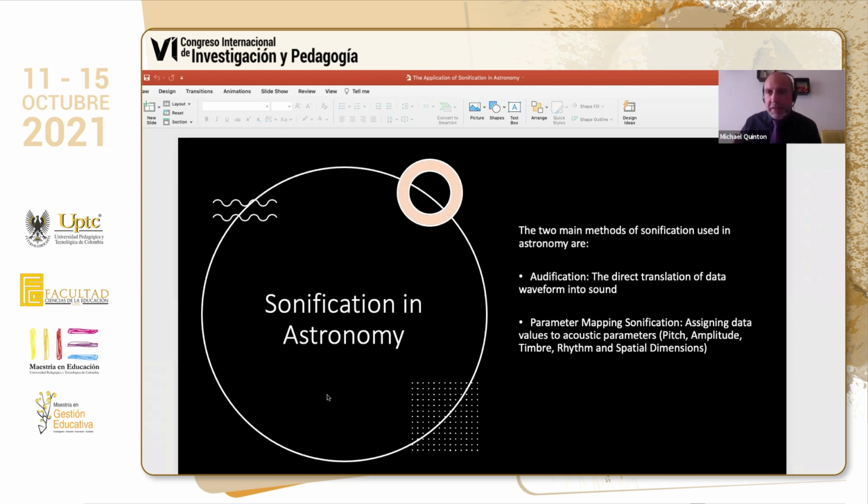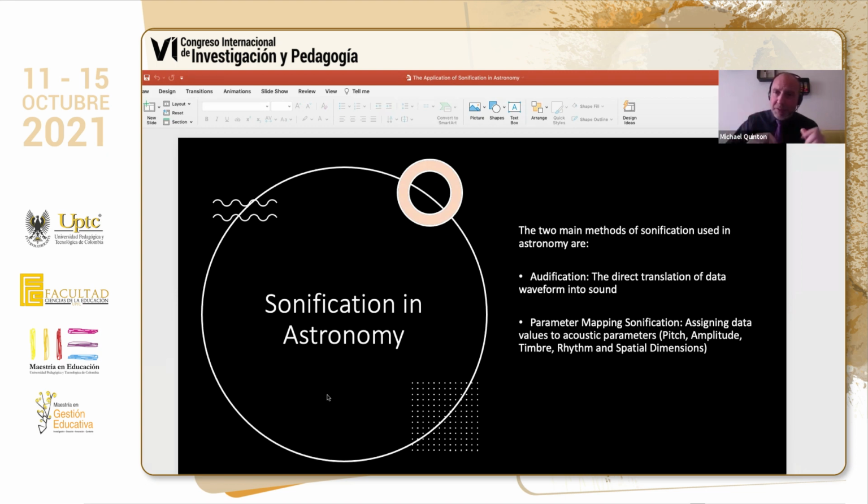is when you directly translate the data waveform into sound. So if we go back to the example of earthquakes, normally if you get a reading of an earthquake and you get a graph which is visually showing you how an earthquake is actually working in terms of the Richter scale, then you can actually put that graph into a computer and translate that into sound.